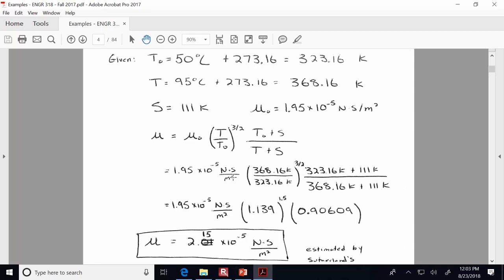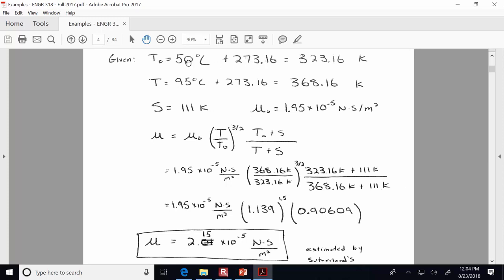And then we multiply that by the ratio of the temperatures to the 3/2 power, where we've converted the temperatures to the absolute scale. Technically it's 273.16 that is the Kelvin version of 0 Celsius. So to convert between Kelvin and degrees Celsius, we add 273.16.